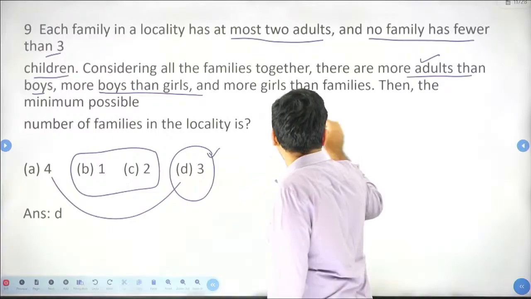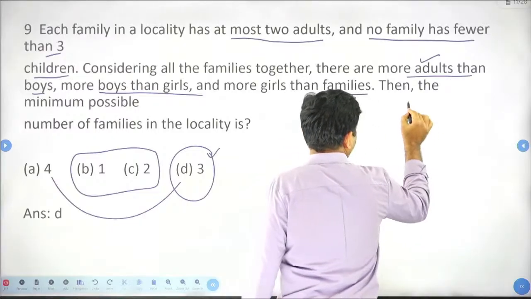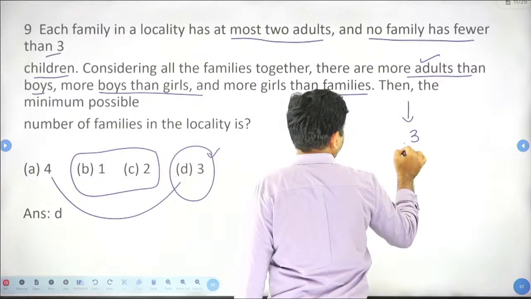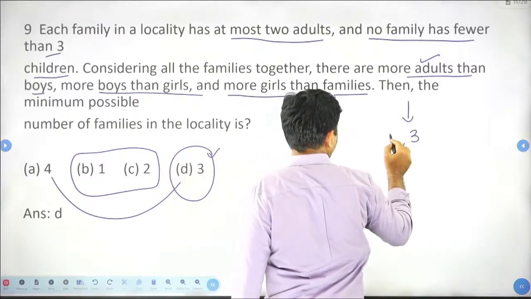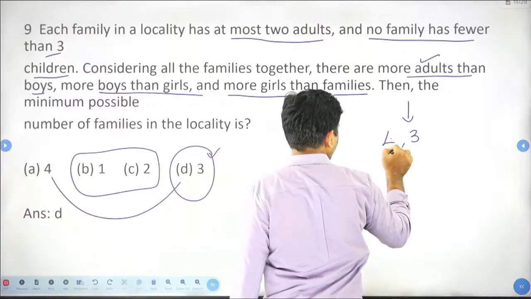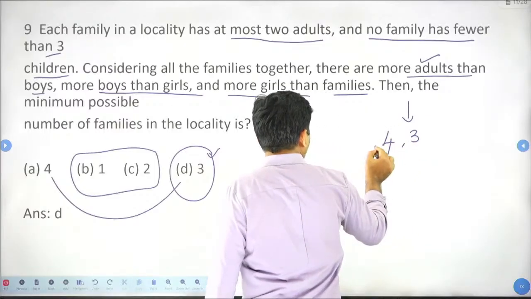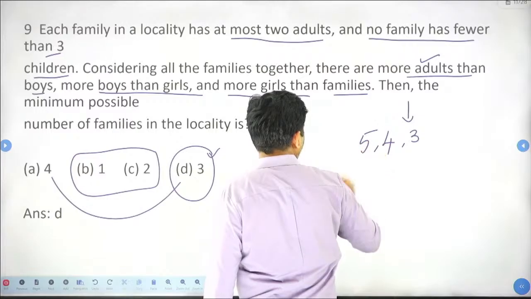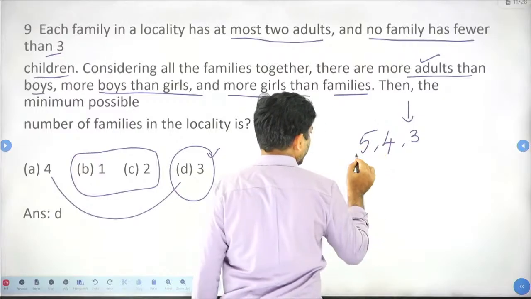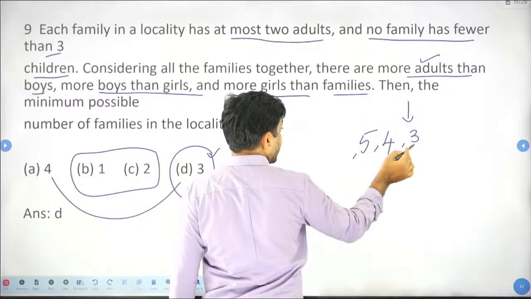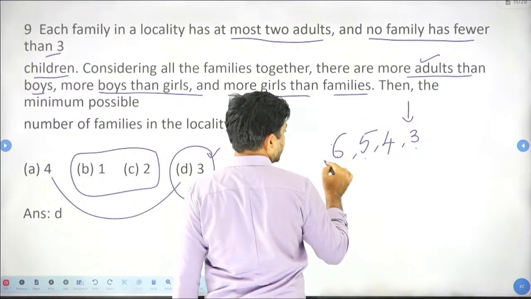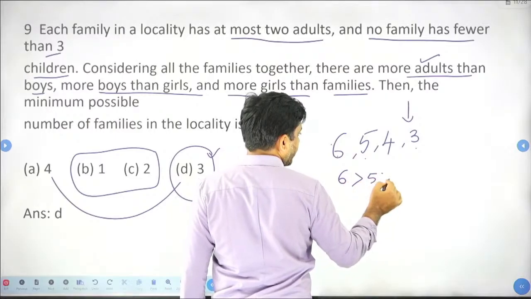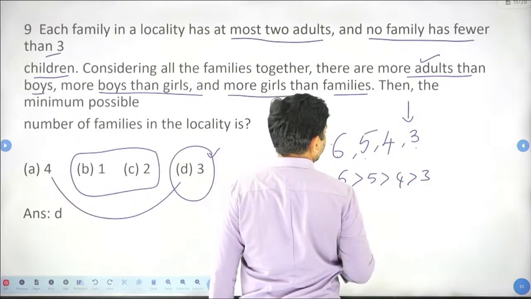If 3 are the number of families, chalo, we will see, number of families are 3, then girls are more than families means minimum number of girls are 4, then number of boys will be 5, right. Then number of adults 3 2s are 6, here also 6 is greater than 5, perfectly matching, 6 is greater than 5, greater than 4, greater than 3.